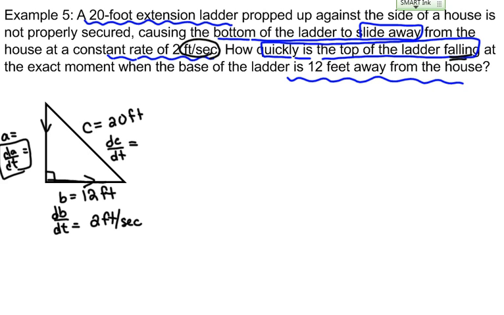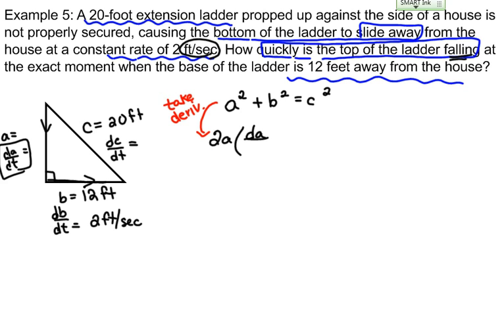Okay. Again, because it's a right triangle, we're going to use the Pythagorean theorem. So a squared plus b squared is equal to c squared. If we take the derivative, like we did last class, what we end up with is 2a times the derivative of a with respect to time, plus 2b times the derivative of b with respect to time, is equal to 2c times the derivative of c with respect to time.